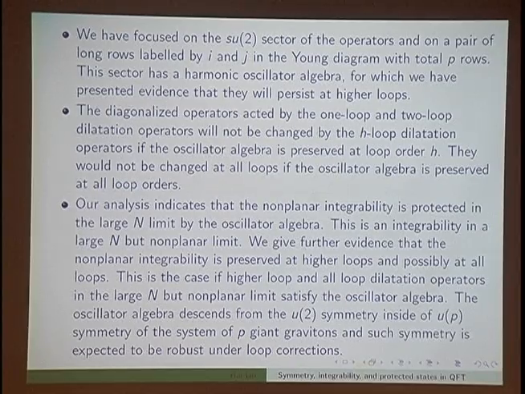This algebra is robust because it's related to the U(2) symmetry algebra of two D-branes on the gravity side. So they are robust under loop corrections, and they're robust under strong coupling, because at strong coupling it goes to gravity, where it is the symmetry of the two D-branes.